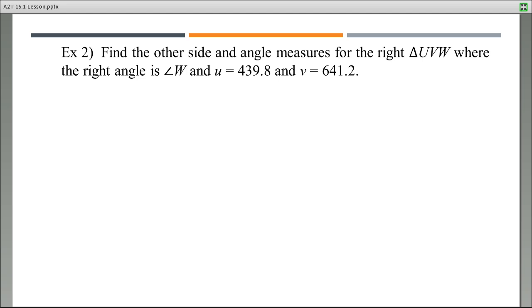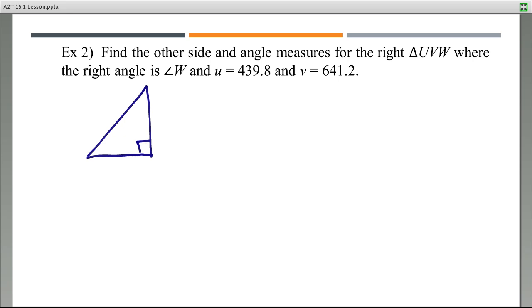All right, so example 2 says to find the other side and angle measures for the right triangle UVW, where the right angle is angle W, and they give you side U and side V. All right, so I'm going to draw the triangle. It's a right triangle.